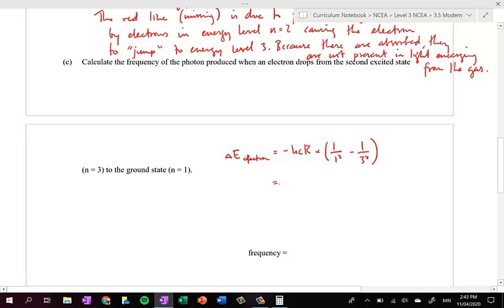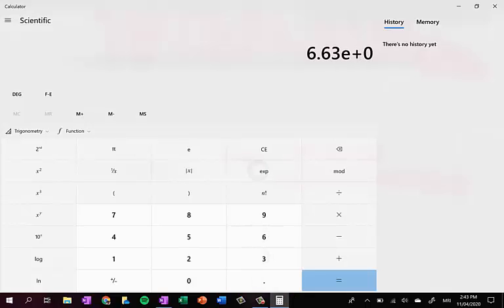So that's equal to 6.63 times 10 to the negative 34 times 3 times 10 to the 8, which is the speed of light, times 1.097 times 10 to the 7 times 1 over 1 minus 1 over 9, which gives us, so that's 6.63 times 10 to the negative 34 times 3 times 10 to the 8 times 1.097 times 10 to the 7 times 1 minus 1 over 9.